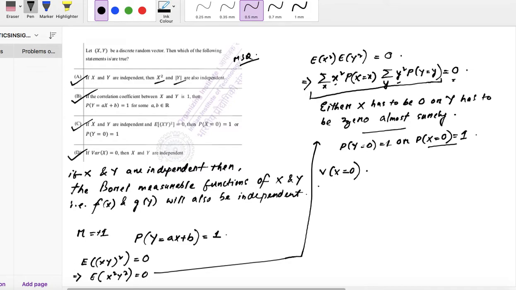It means that the random variable x is degenerate.